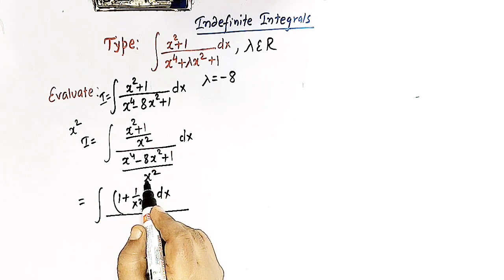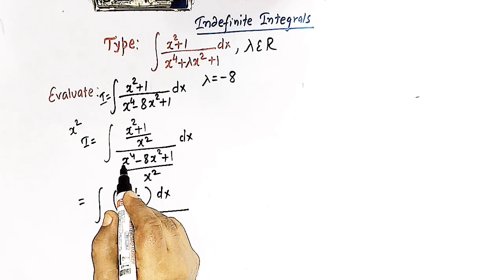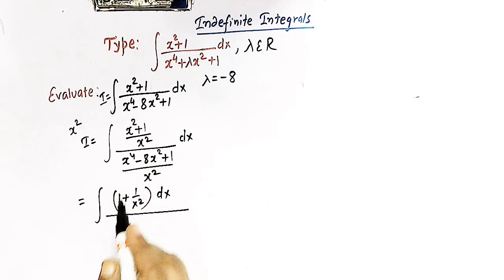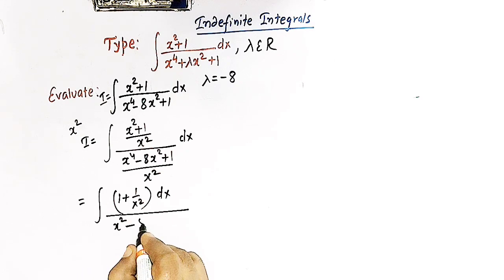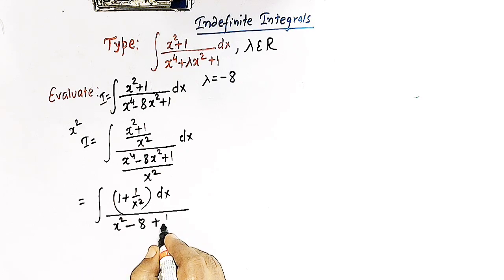If we divide each of the three terms in the denominator by x square, we get x square, then minus 8, and then 1 over x square.